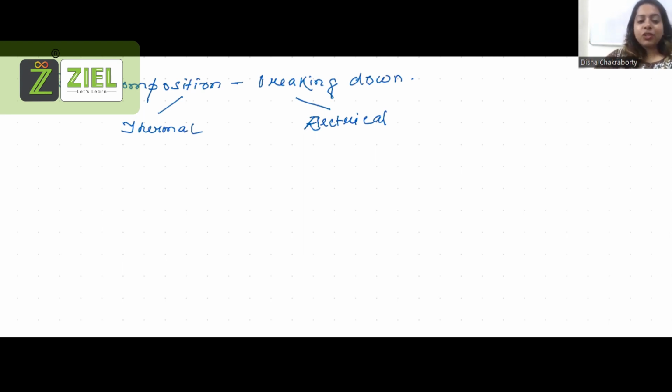Skeletally, this reaction is represented as follows. A compound AB undergoes a decomposition reaction to form its constituent elements A and B separately. The next type of reaction that we are going to discuss is the displacement reaction.